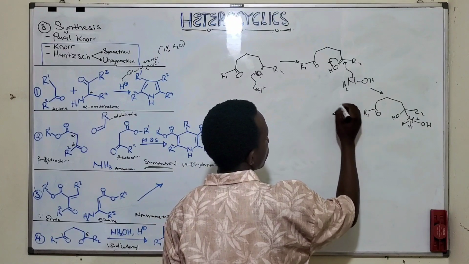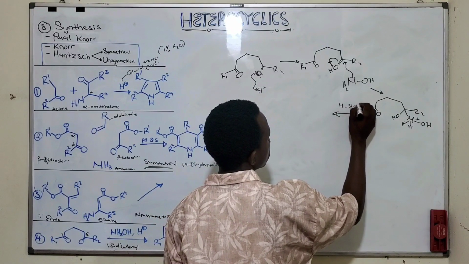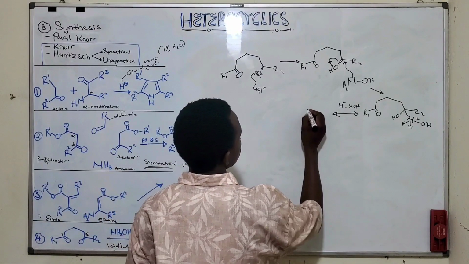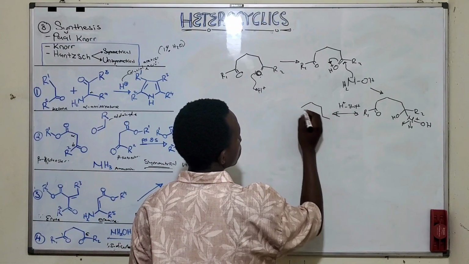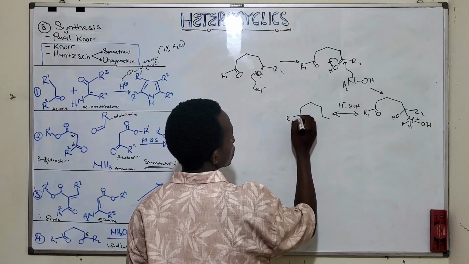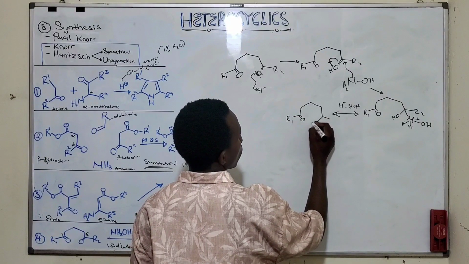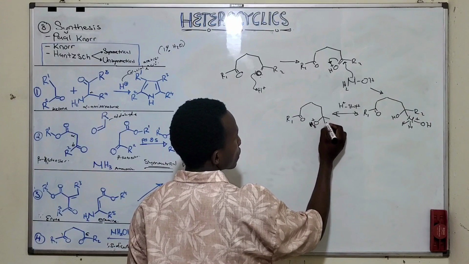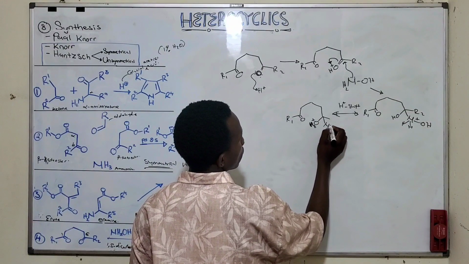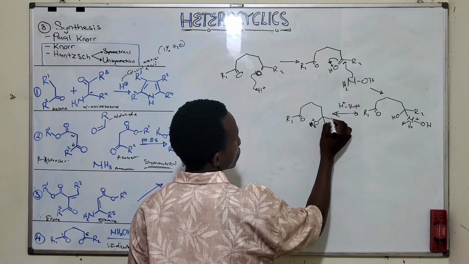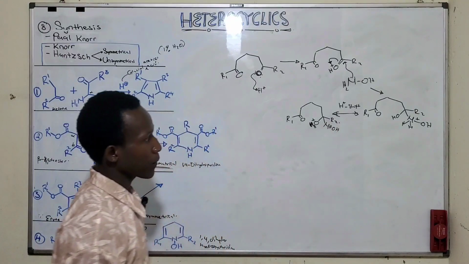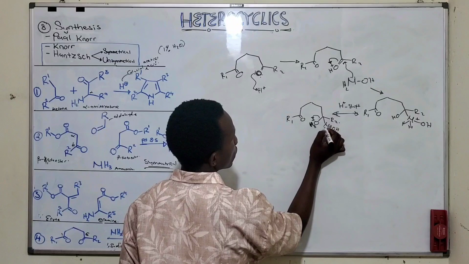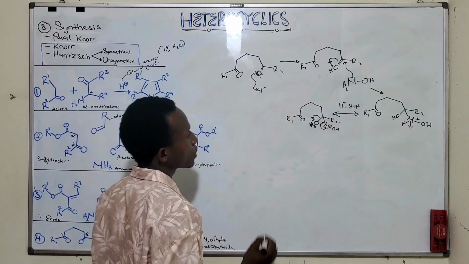So you have a proton shift. You have a proton shift. R1, oxygen, OH2, it's now positive, and N, H, OH with R2 here. This. As this breaks off, now nitrogen forms a bond.